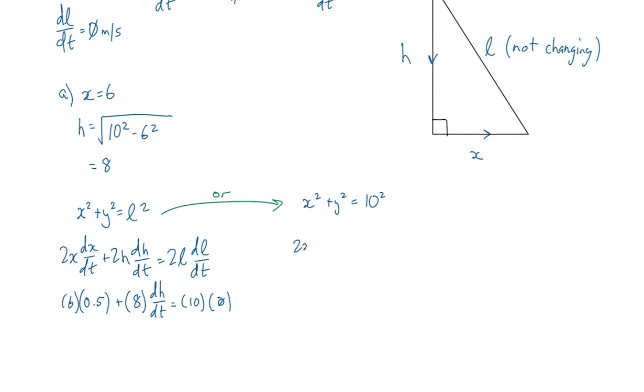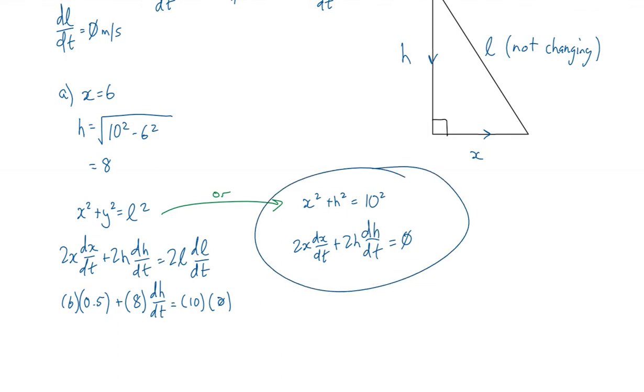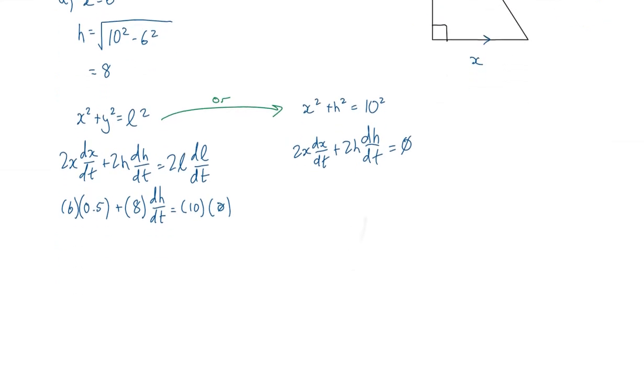So again, 2x dx by dt, why do I keep using y, plus 2h dh by dt. Derivative of a constant is 0, so it's just 0. So I'm getting 0 here, or I'm getting 0 here after I've subbed in. But this is a little bit less writing, a little bit less difficult to take the derivative, and in some cases it might even make it that much easier to find the derivative.